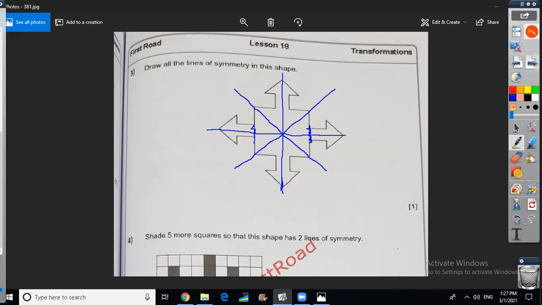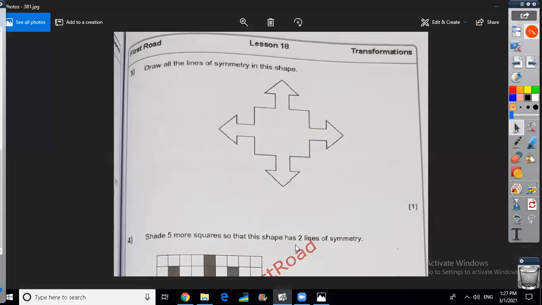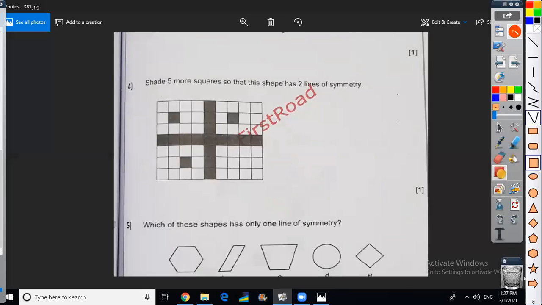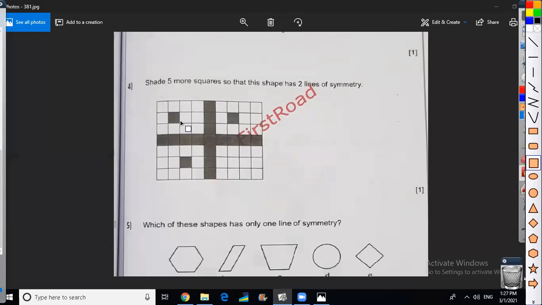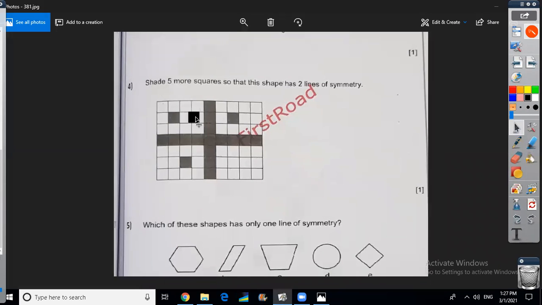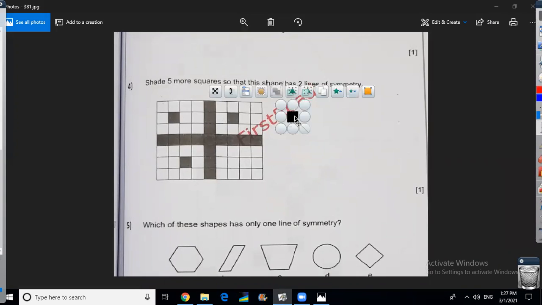All right, the next question here says, shade 5 more squares. Shade 5 more squares. So this shape has 2 lines of symmetry. All right, I'm going to do this here first. And then I'm going to take it out there to make 5 copies of it.